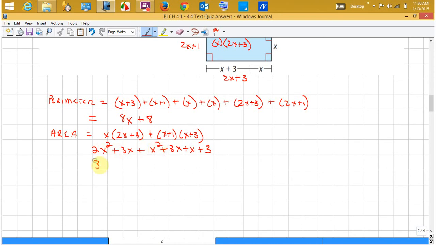That's going to be 3x squared. I have a 3x plus a 3x, that's 6x, plus another x is 7x, and 3. And so there is the perimeter, and there is the area in an expression.